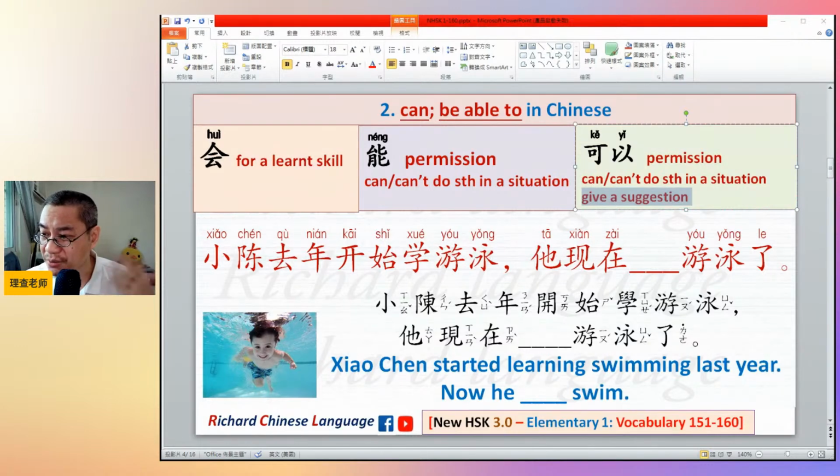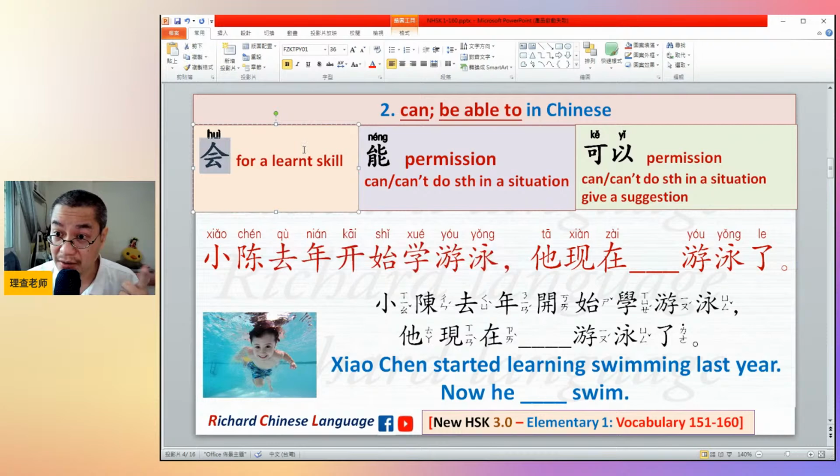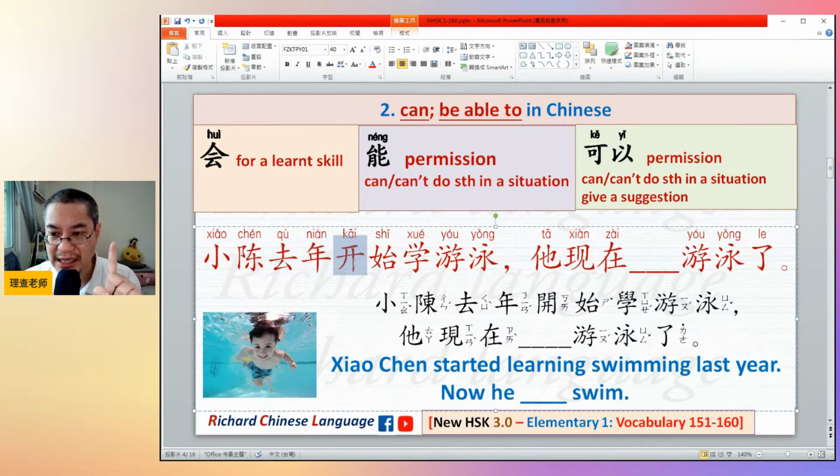Okay, so let's see. You have to tell me the answer, okay? Is this sentence which has to use 会 or 能 or 可以? Tell me, okay? 小陈去年开始学游泳.